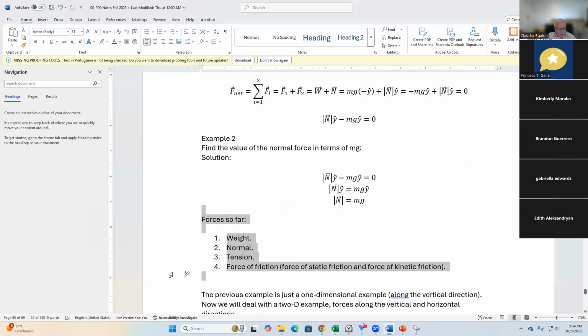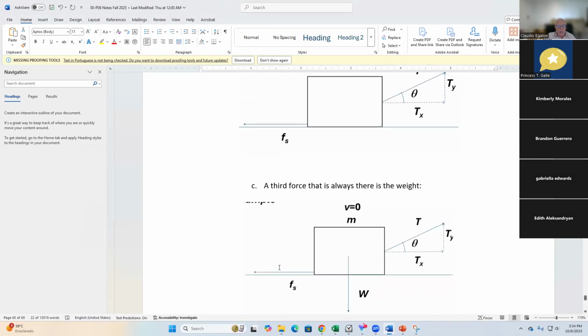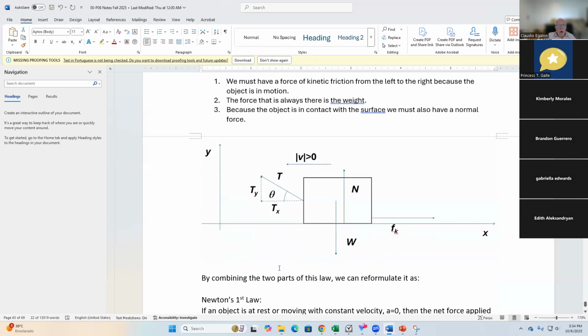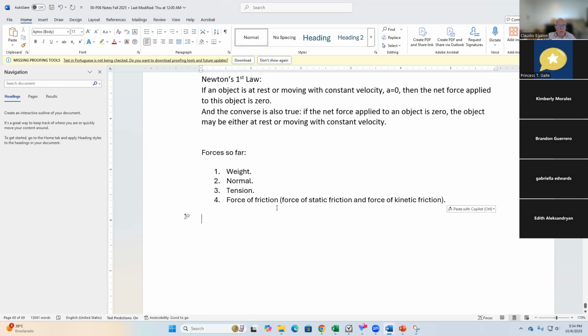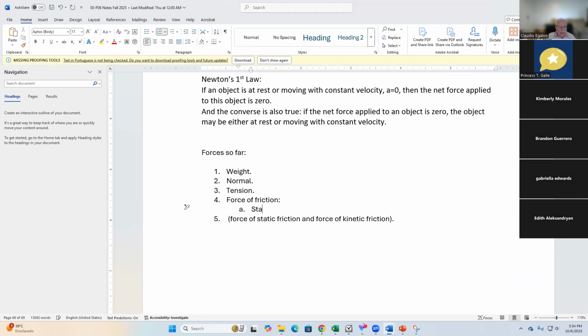Like I said, there are more that will be introduced at the right moment. Here you go. Force of static friction, force of kinetic friction. Force of friction. Static friction, kinetic friction. Okay. Here you go.